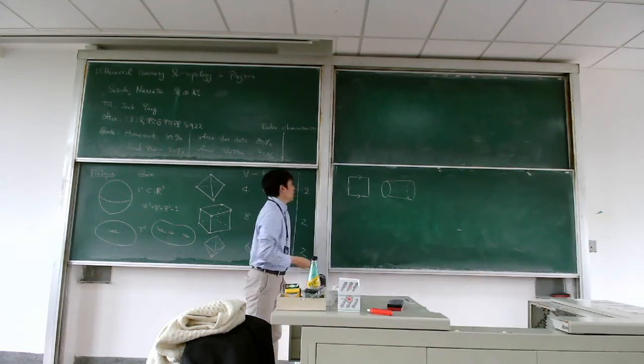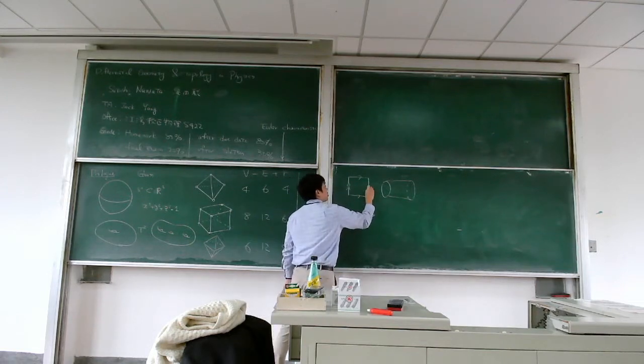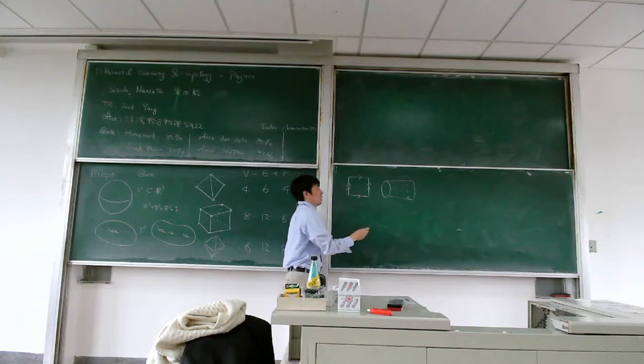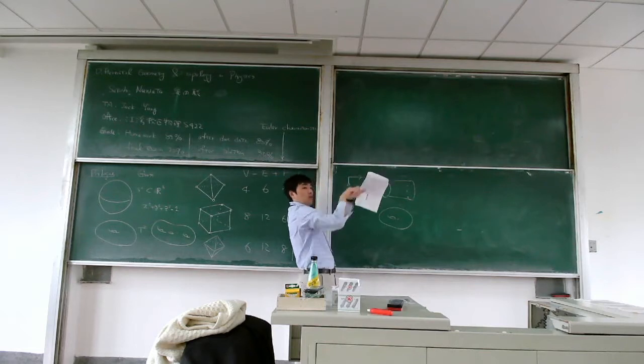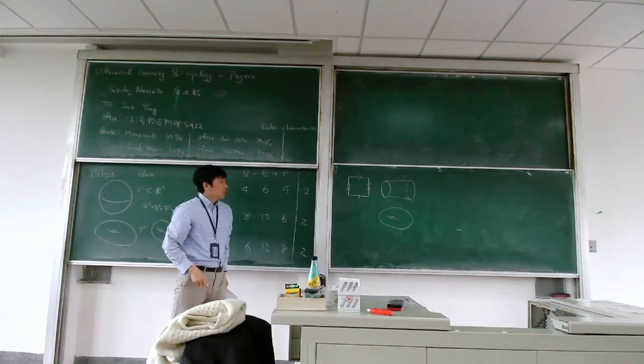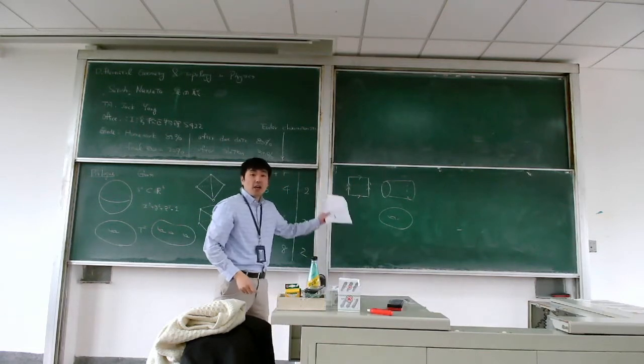And if you identify the left edge and right edge, what you will get is the torus. You can just glue them. You get the torus. And how many vertices does it have in this cell decomposition?